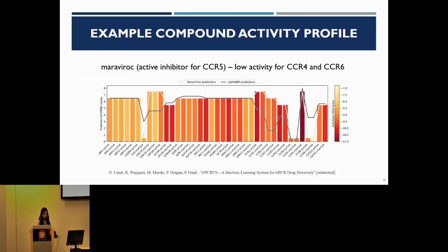An overview of the compound activity predicted for all the GPCRs is presented in a compound activity profile. And on this graph, we can see the TensorFlow predictions in gray. These also correspond to the height of the columns. The LightGBM predictions are presented in black, and the AutoDock Vina score is presented as the color of the columns.